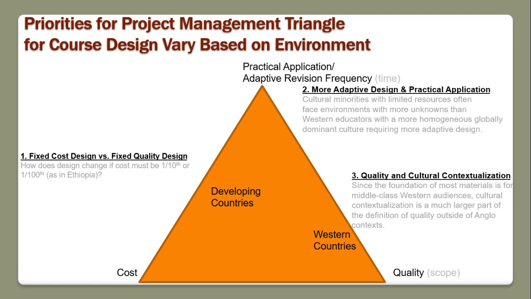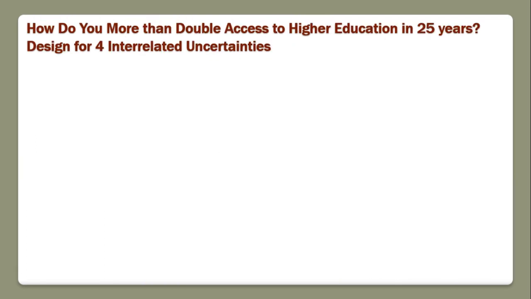And the foundation for most materials is Western middle class audiences. Cultural contextualization is a much larger part of the definition of quality outside of an Anglo or Western context. So as we think about how we grow higher education globally, this becomes much more important. Ultimately, the challenge is, how do you more than double access to higher education in 20 years?